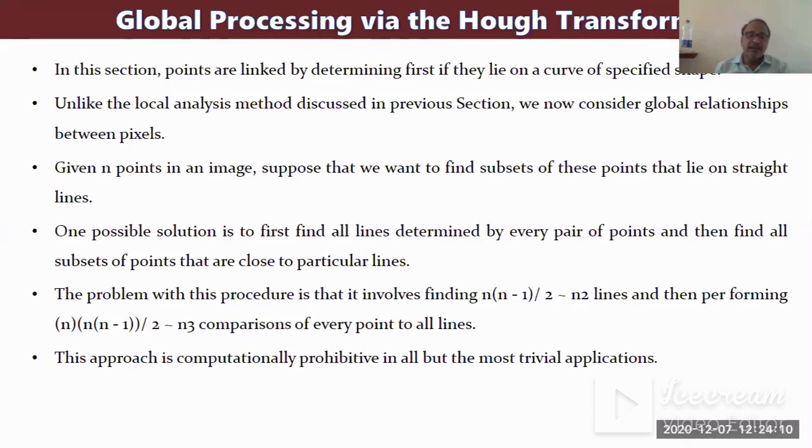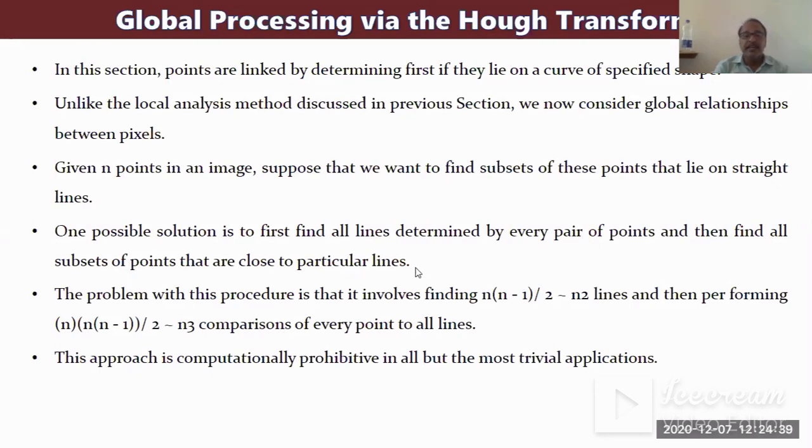So given n points in an image, suppose that we want to find a subset of these points that lie on a straight line. So here we consider n points in that image. Suppose that we want to find a subset of these points which lie on the straight line. One possible solution is to first find all the lines determined by every point and then find all the subsets of points that are close to a particular line.